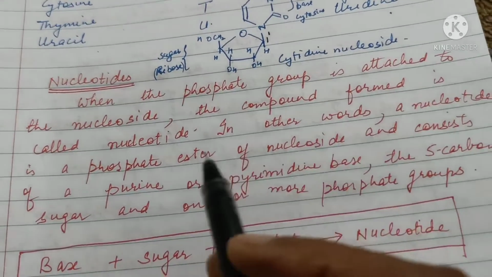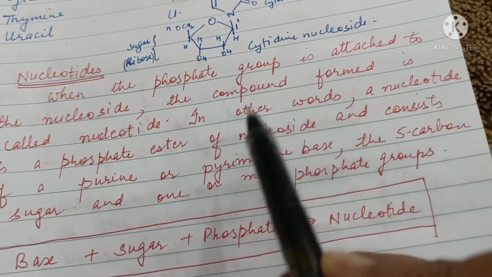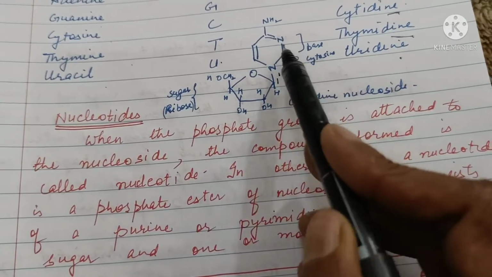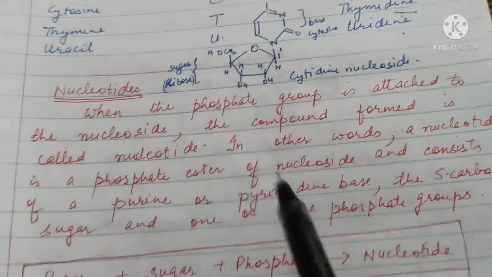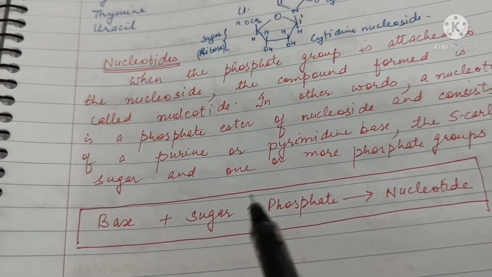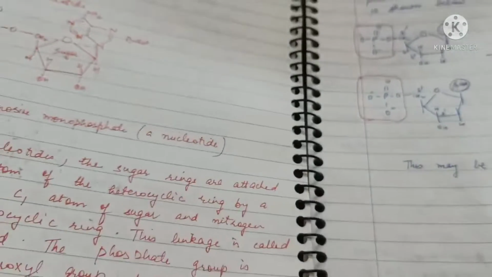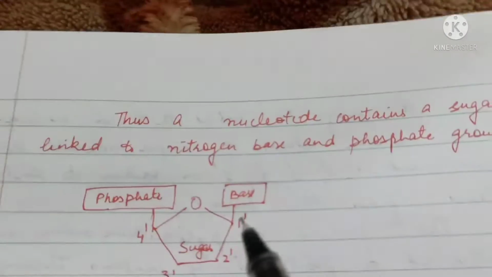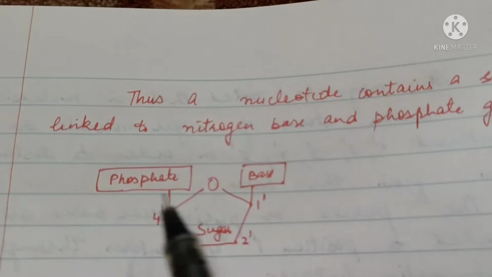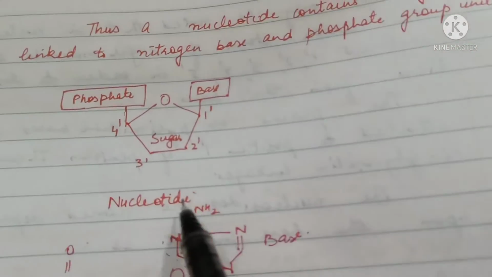In other words, a nucleotide is a phosphate ester of a nucleoside and consists of a purine or a pyrimidine base, a sugar molecule and one or more phosphates. So base plus sugar plus phosphate is a nucleotide. Thus, we have this base attached to the sugar through carbon 1 and phosphate through carbon 5, and it becomes a nucleotide.